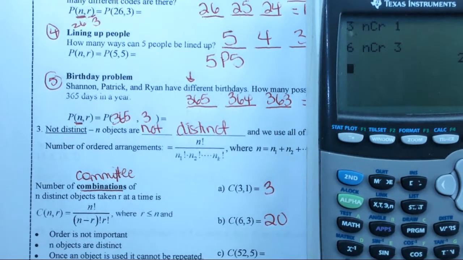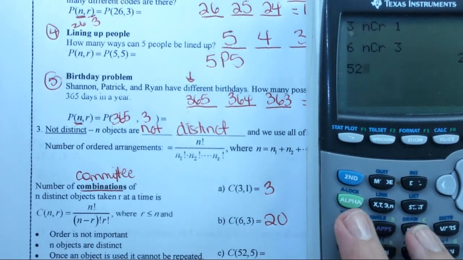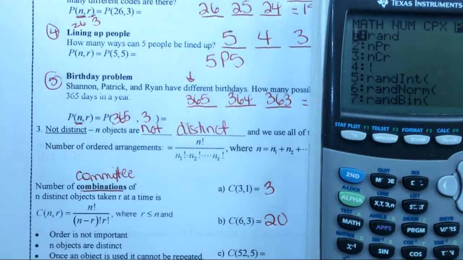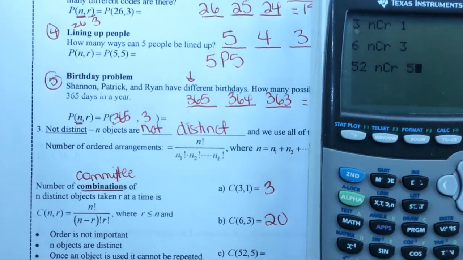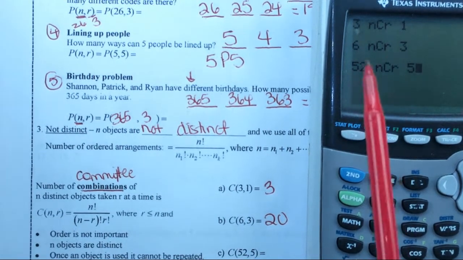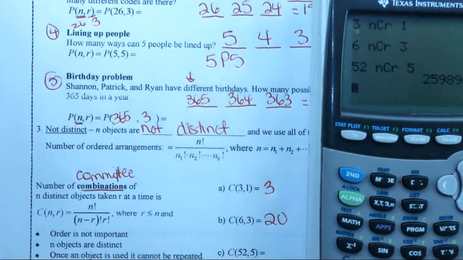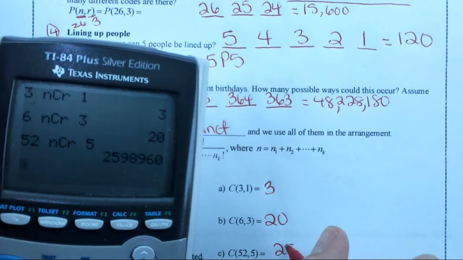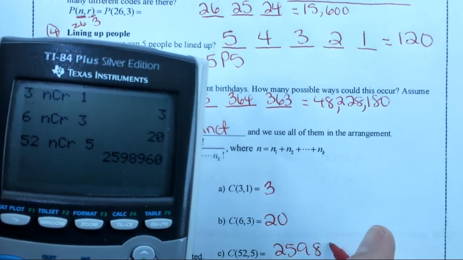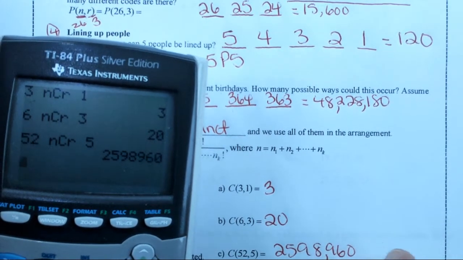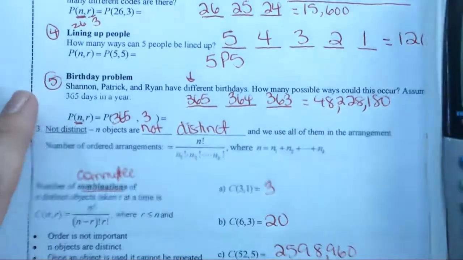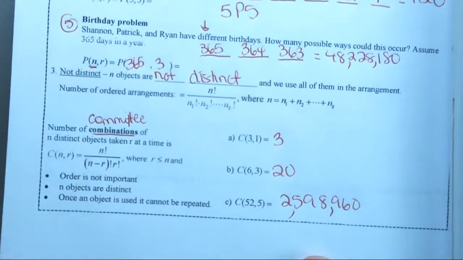And the last one they want me to do is 52 and 5. So if I have 52 things total, and I'm choosing 5 different things out, the number of combinations, 2,598,960. There we go. So that's just some button pushing in the calculator to make sure that we understand.